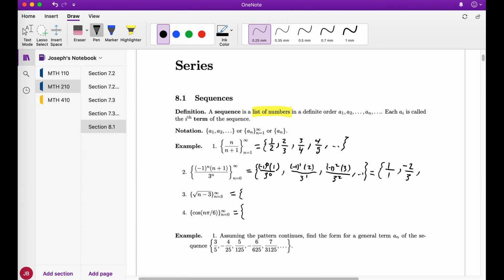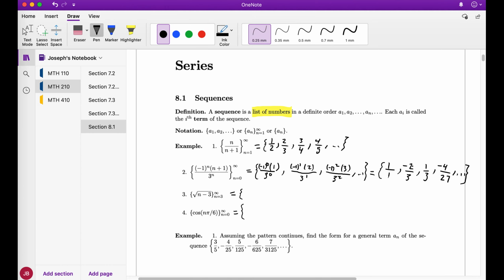Now this one here, you'll notice I'm squaring a negative, so that's actually positive 1 times 3 is 3 over 9, which is actually 1/3, right? The next one will be minus 4 over, let's see, 3 cubed, which is 27, and so on.